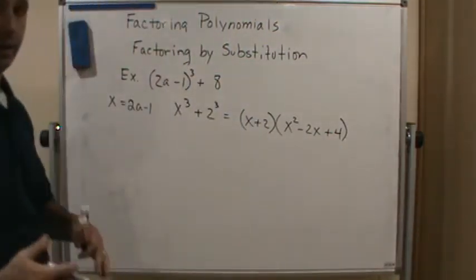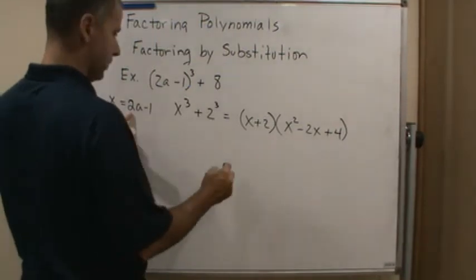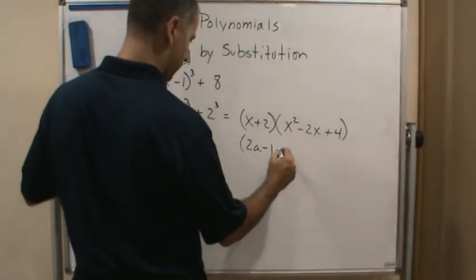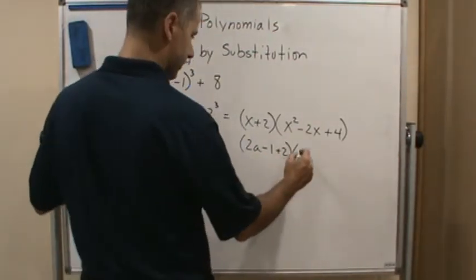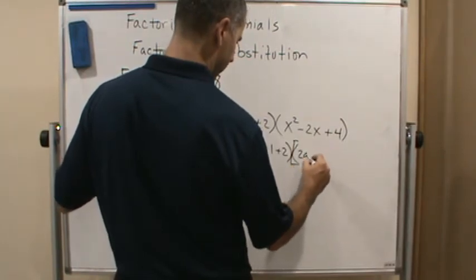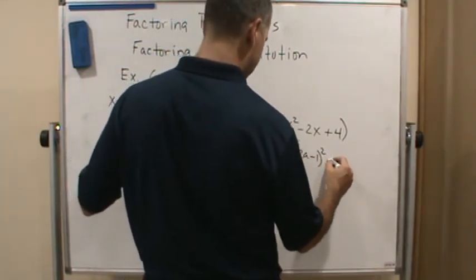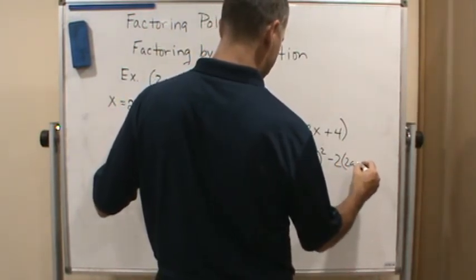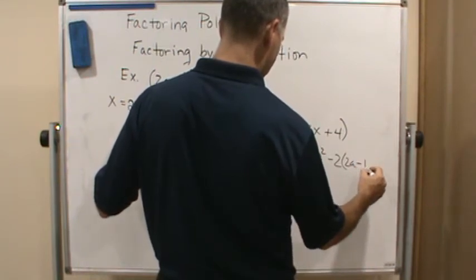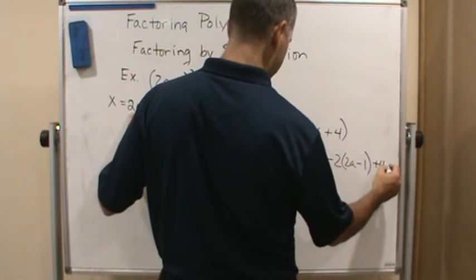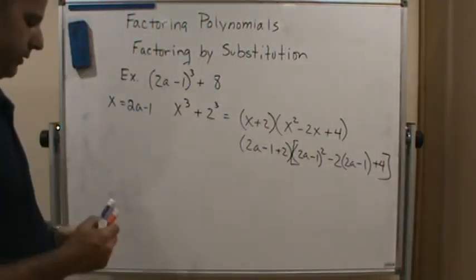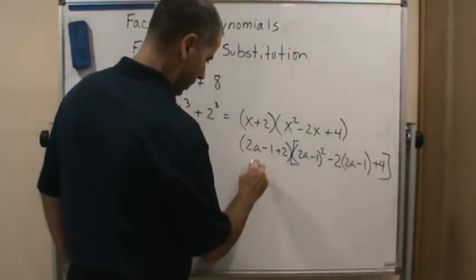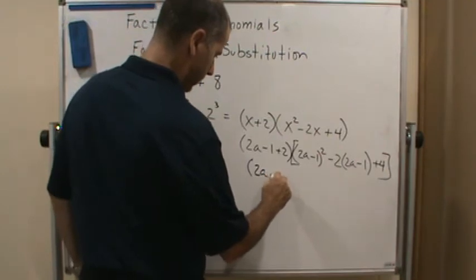Now I just have to put in what x is. So it's going to be 2a minus 1 plus 2, and then this is going to be 2a minus 1 squared minus 2 times 2a minus 1 plus 4. Okay, so now we're going to have to simplify. So this is going to be 2a plus 1.